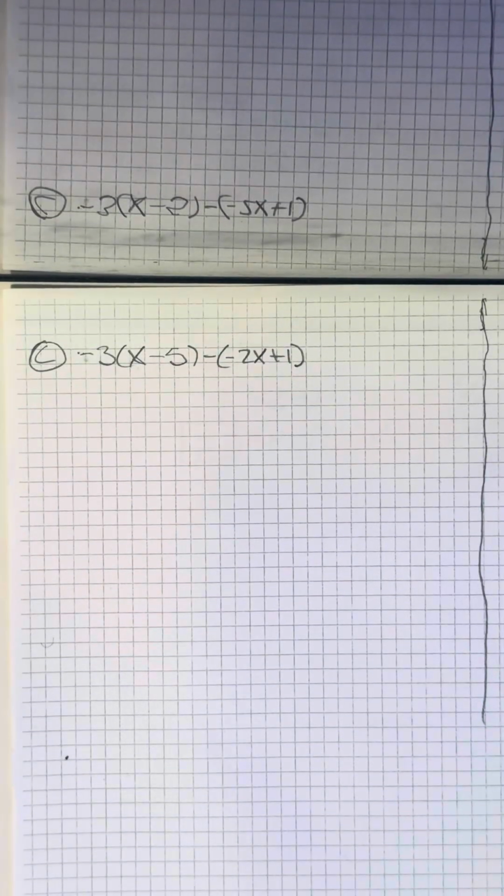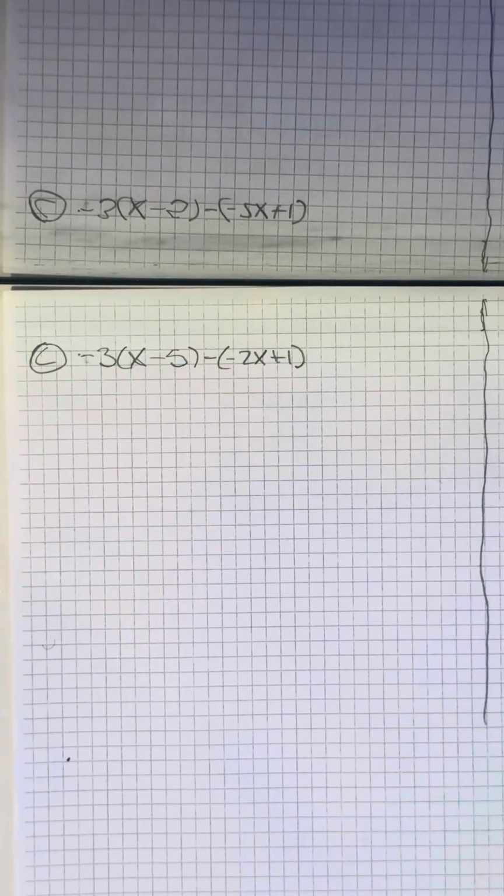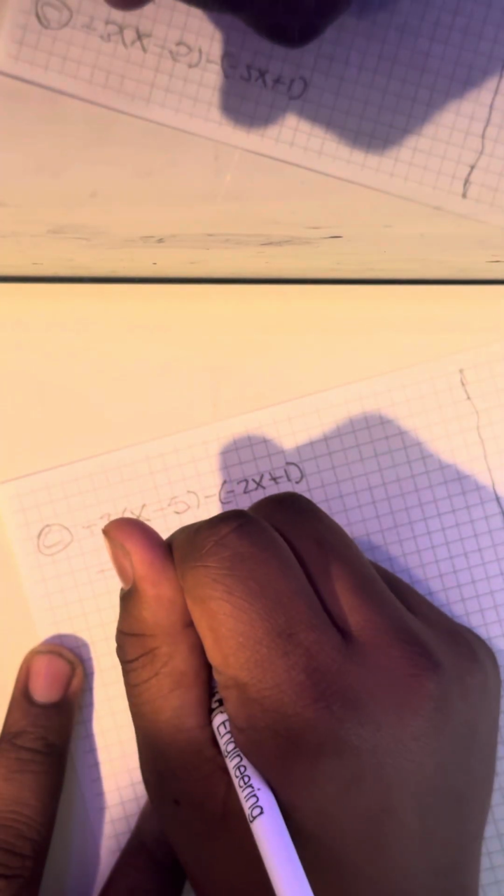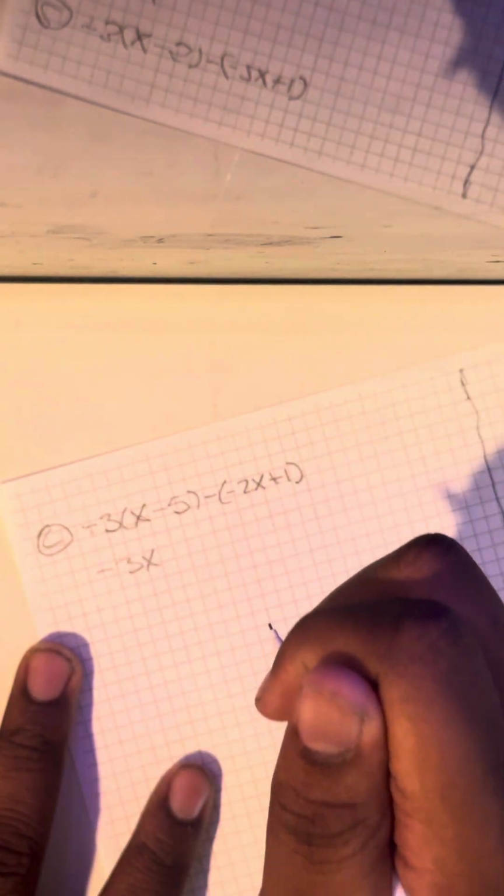All right, now we can start question C, which is negative 3 parentheses x minus 5 parentheses, minus parentheses negative 2x plus 1 parentheses. To start this, we need to distribute the negative 3 into x minus 5. So that would be negative 3 times x, which is negative 3x, and then negative 3 times negative 5, which would be positive 15.